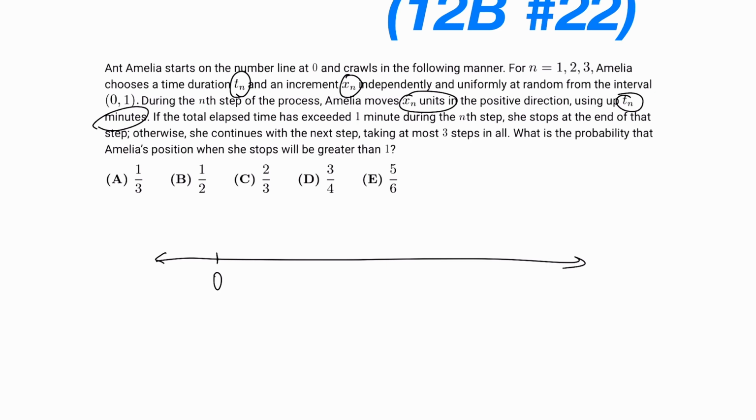If the total elapsed time has exceeded 1 minute during the nth step, she stops at the end of the step. Otherwise, she continues with the next step, taking at most 3 steps in all. What is the probability that Amelia's position when she stops will be greater than 1?